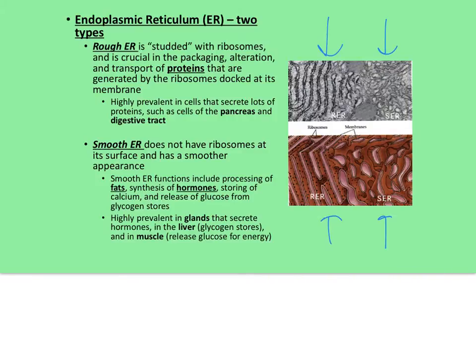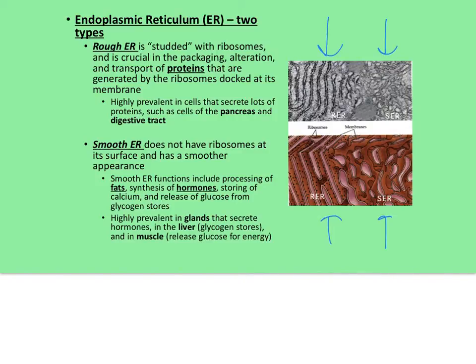The rough ER is critical in packaging, altering, and finishing the production of proteins. So, associate rough ER with protein. That's because the ribosomes attached to it build the proteins and then basically insert them into the rough ER.